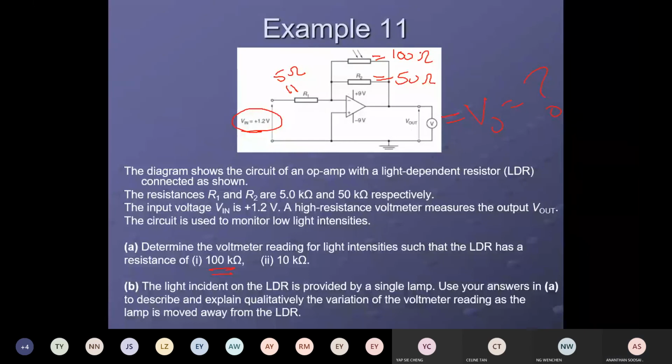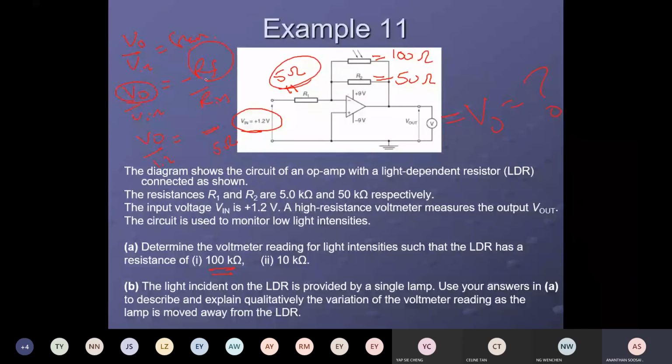So, how do you find the output? Output over input should be the gain. So output over input is equal to negative RF over Rin. Then you can find the output. Input is 1.2, Rin is 5 ohm.